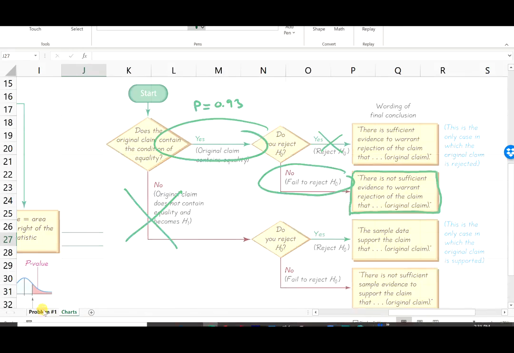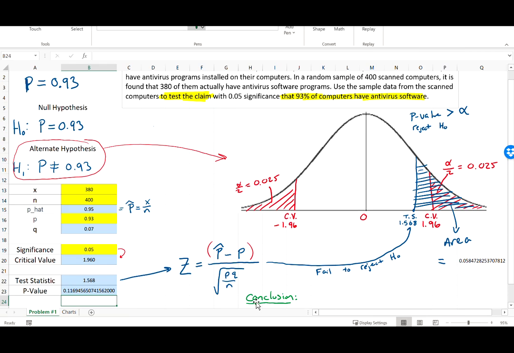So: not sufficient evidence to reject the claim that the population proportion is equal to 0.93.